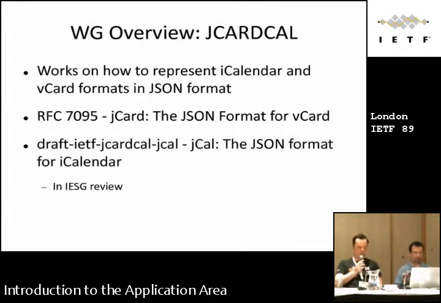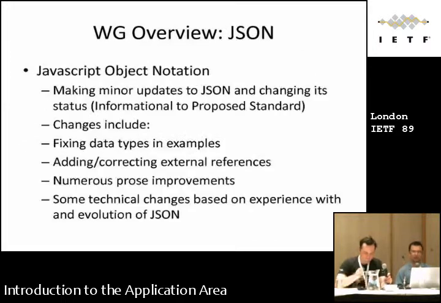The JSON working group: JSON was originally published, I believe, as an informational document, because I think that's work that originated outside. That's a little bit before my time, or I wasn't paying attention when it happened. But the working group is now moving the JSON specification onto the standards track with some edits along the way. A lot of the edits are editorial commentary and prose improvements.